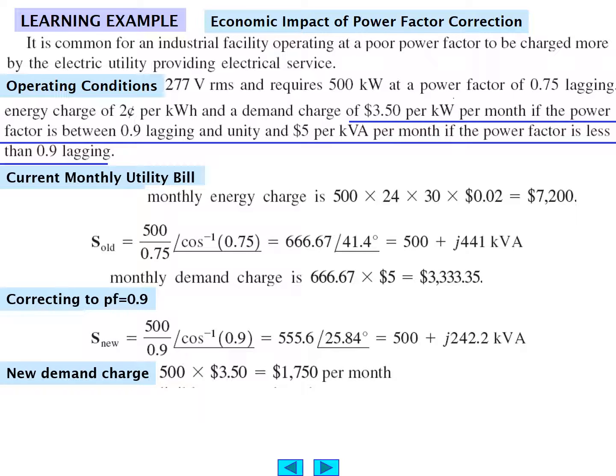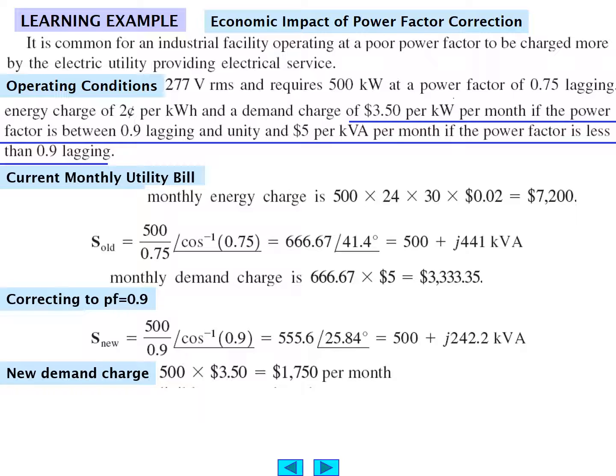If we change our power factor from 0.75 to 0.9, we can redo the calculation. We find that the complex power S new would be 500 divided now by 0.9 at an angle of the arc cosine of 0.9, or 555.6 at an angle of 25.84 degrees, and that of course is again in kilovolt amperes because 500 is in kilowatts, which gives us 500 plus j242.2 kilovolt amperes.